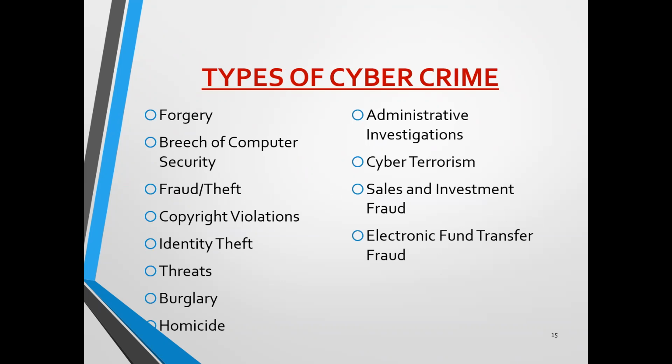Forgery is one of the crimes. Breach of computer security that we saw in chapter 2, the CIA, confidentiality, integrity, and availability, is a crime. Fraud or theft, copyright violation, identity theft, threats, burglary. Burglary includes breaking into someone's house and stealing ICT equipment, phones, laptops.